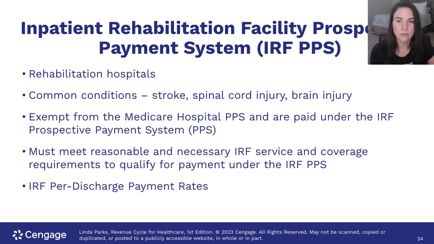The patient has to need therapy from multiple disciplines like physical therapy, occupational, respiratory therapy. And they have to have that therapy at least 3 hours a day, 5 days a week. And be showing improvement. And there's a couple others, but you can tell from these that these are major requirements, right? This is not just for someone that needs a little help. This is serious therapeutic treatment.